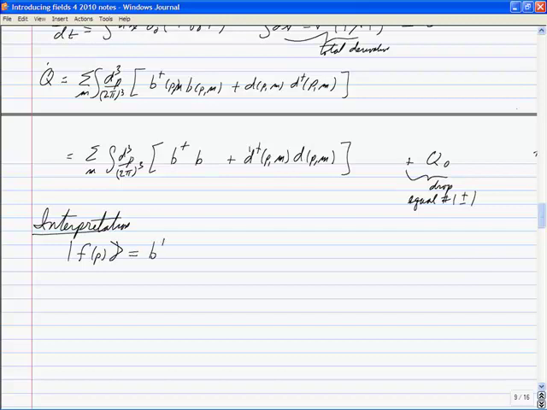the state, which has a label m, b dagger p and m acting on an empty state.